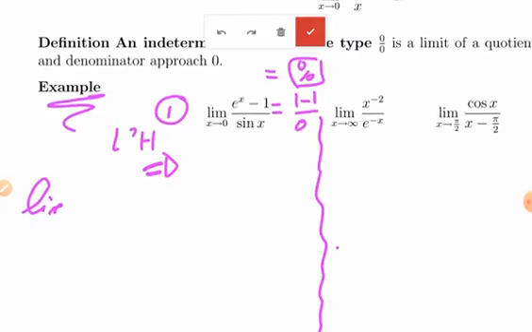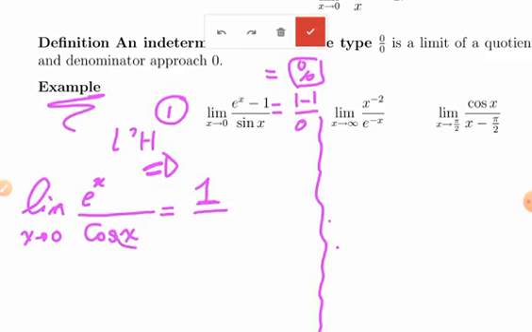The limit as x approaches 0 of the derivative of e to the power of x is the same, e to the power of x times 1, or e to the power of x. The derivative of 1 is 0, over the derivative of sine, which is cosine x, and then substitute e to the power of 0, which is 1, over cosine 0, which is 1. So my answer is 1.